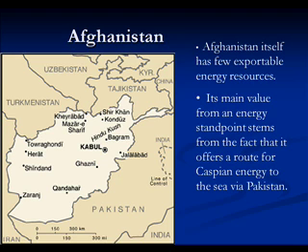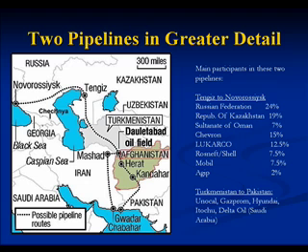So that has played a role in the kinds of politics that have been going on in Afghanistan since 2003. This just shows the route of the pipeline that would go from Tengiz in Kazakhstan, which is the major oil field there, through Turkmenistan, through Afghanistan, through Pakistan to Gwadar on the Indian Ocean.